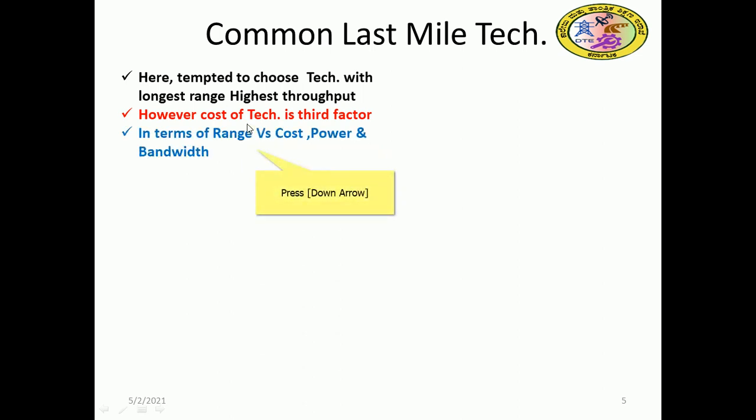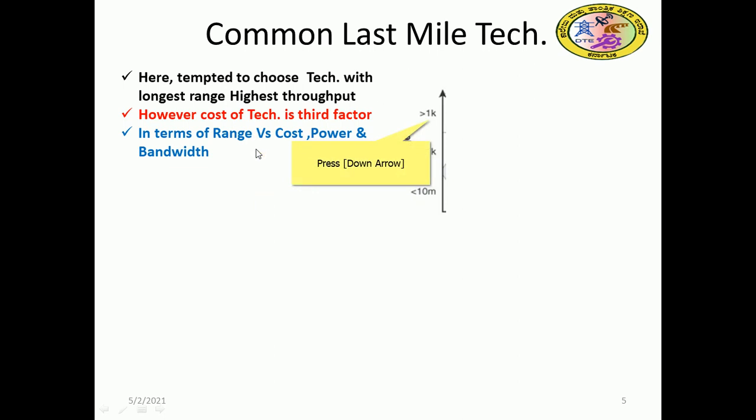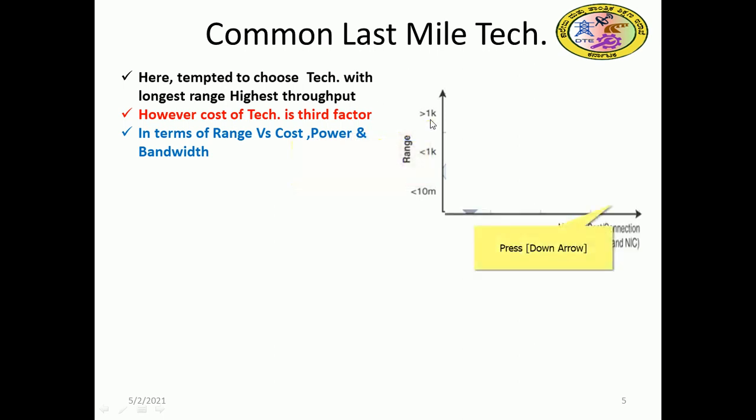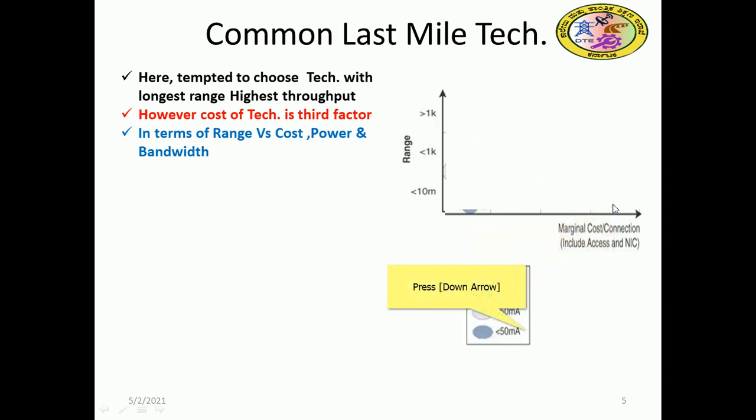In terms of range versus cost, power consumption and bandwidth, those parameters are also going to be considered here. So the range will be less than a meter, less than 1 kilometer, more than 1 kilometer. We put that in a plot, so the cost will increase. So there is marginal cost at the beginning, connection including the access and NIC, right? So the x-axis will be the cost of that protocol.